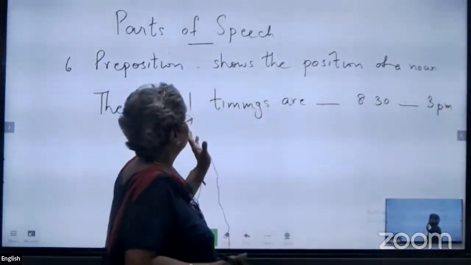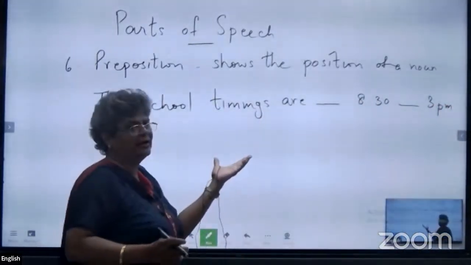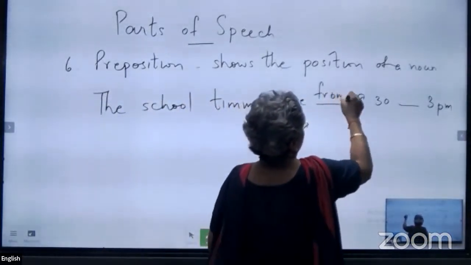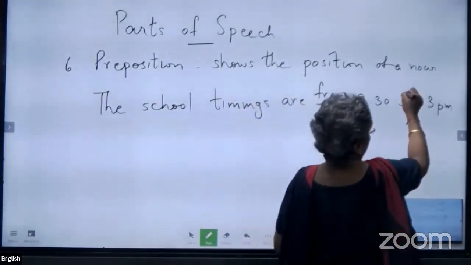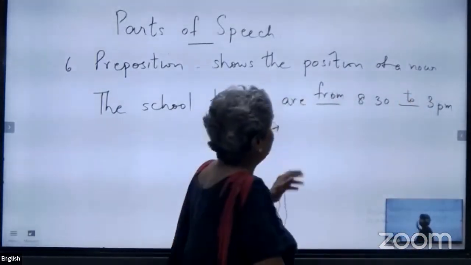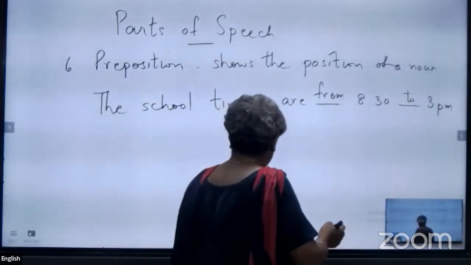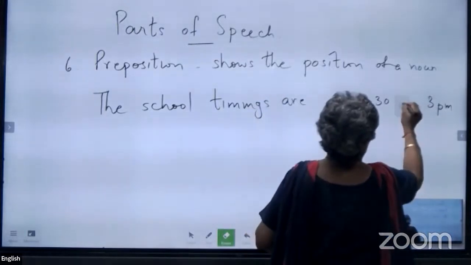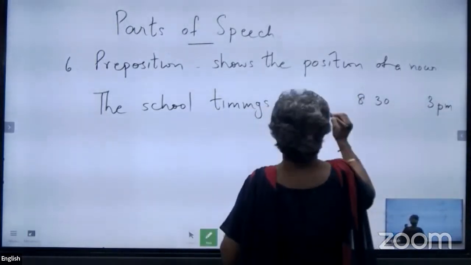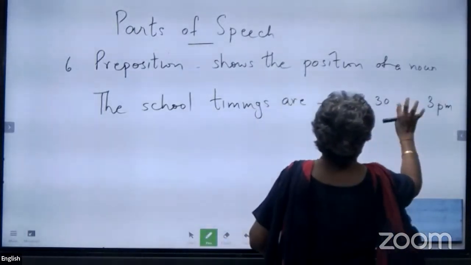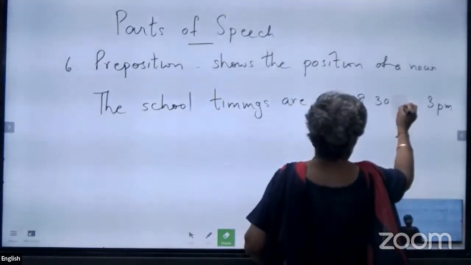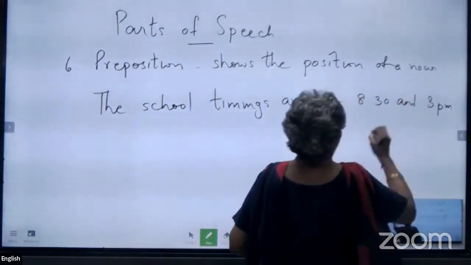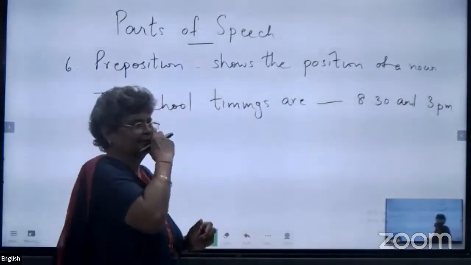When you have such a sentence, the school timings are, automatically you write from 8:30 to 3 p.m. Yes? But suppose there is only one blank.